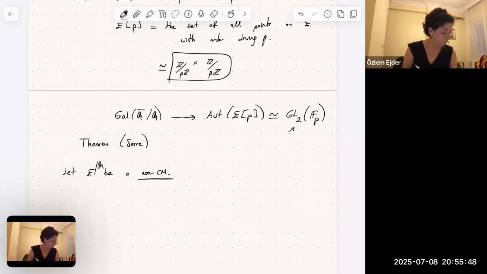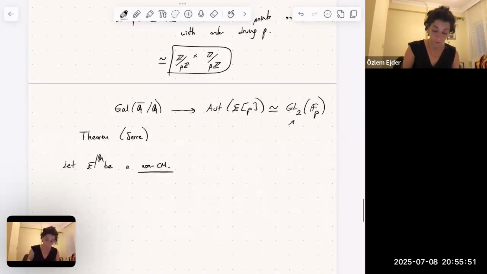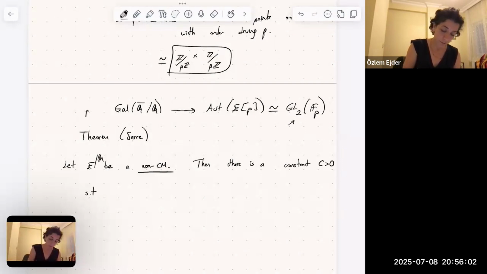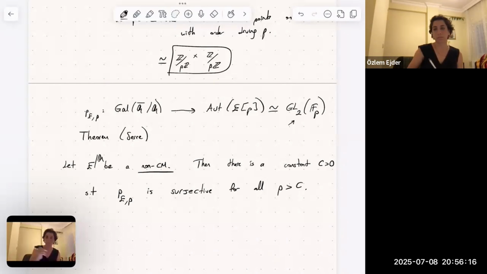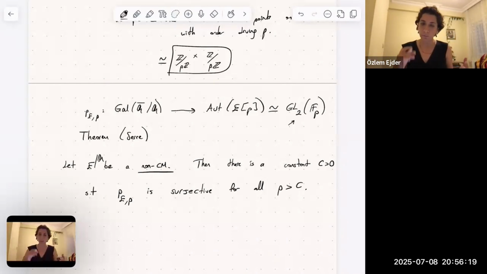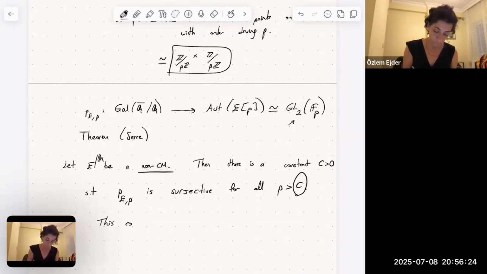And this is a curve defined over Q. Again, I have a prime P. Then it says that there is a constant C greater than 0 such that this representation, which I'm going to call rho E,P, is surjective for all P greater than C. So this is a theorem, still not a conjecture. There's one problem here: this constant C depends on the curve E, at least in the proof.